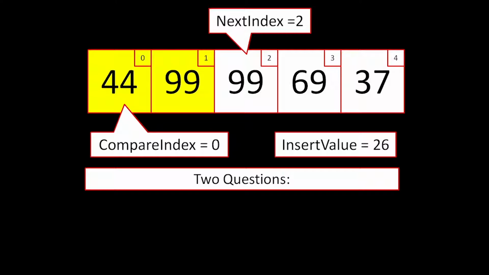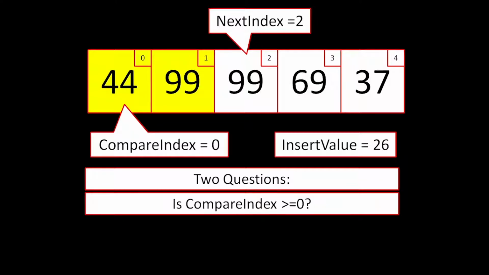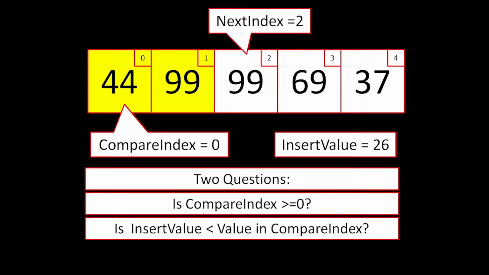We will repeat our 2 questions. Is compare index greater than or equal to 0? The answer is yes, compare index is equal to 0. So compare index is greater than or equal to 0. Is insert value less than the value in compare index?